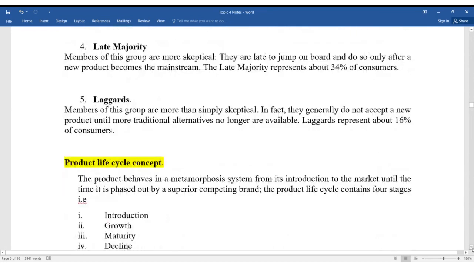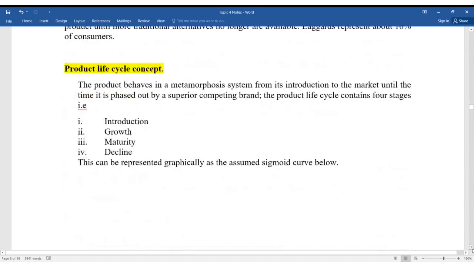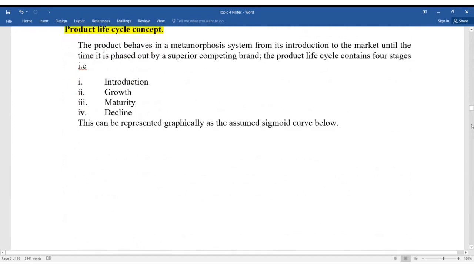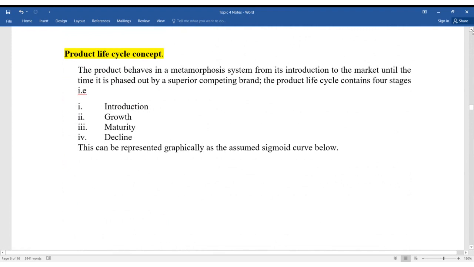Product life cycle. Now, product life cycle consists of a 4-stage cycle that represents how products grow from the point of introduction to the point of maturity, to decline.